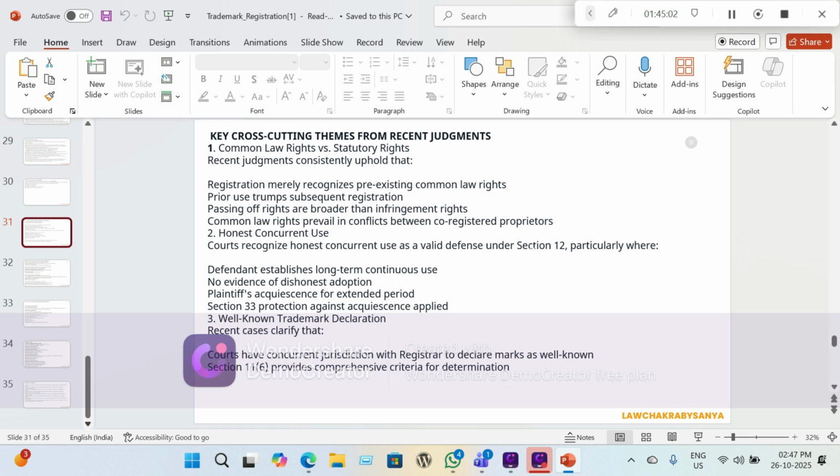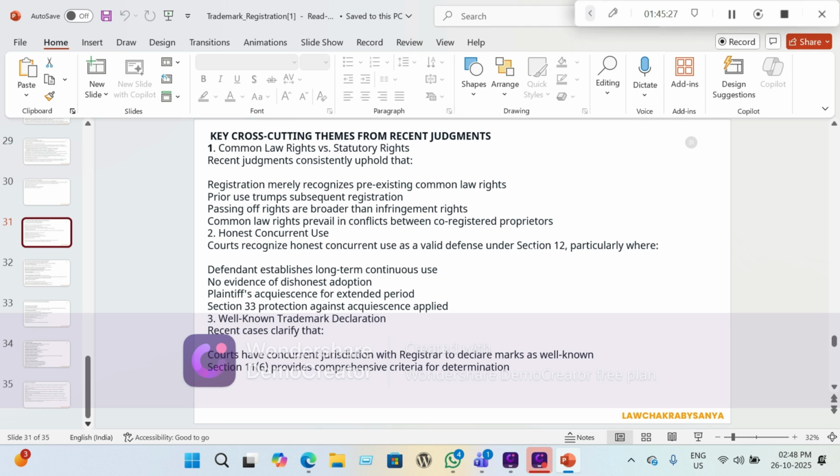Then, if there is honest concurrent use under Section 12, then an agreement can be reached, and there cannot be any case against the other party if there is honest concurrent use. Then the defendant has to establish long-term use, no evidence of dishonest adoption, and the plaintiff's acquiescence. Then Section 33, protection against acquiescence, applied.